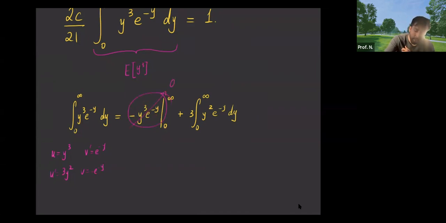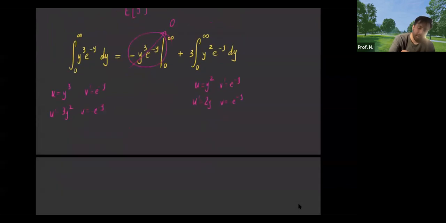And then you have this integral here where you do the same thing. You say u is equal to y squared in this case, u prime is 2y, v prime is e to the negative y, v is negative e to the negative y. You have this 3 in front, and you do the same thing again. You get negative y squared e to the negative y from 0 to infinity.